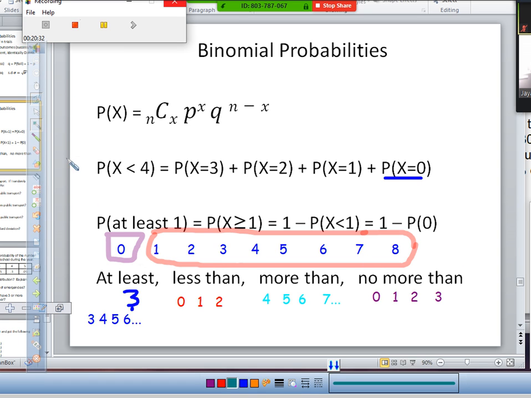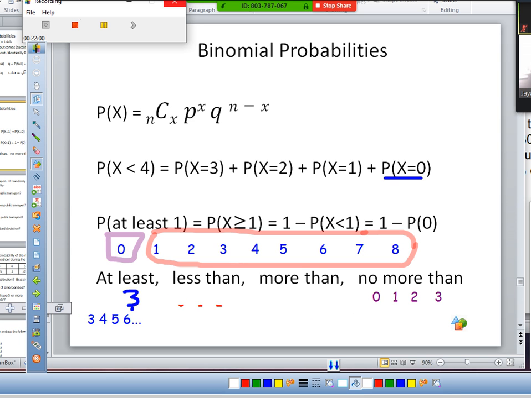Also, let's take a look at what these phrases mean, making sure you're good with that. At least 3, less than 3, more than 3, no more than 3. What do those mean? Everybody take a minute and think about it.